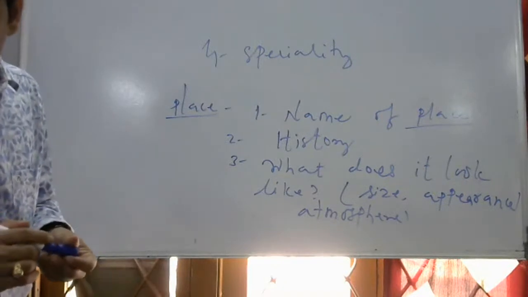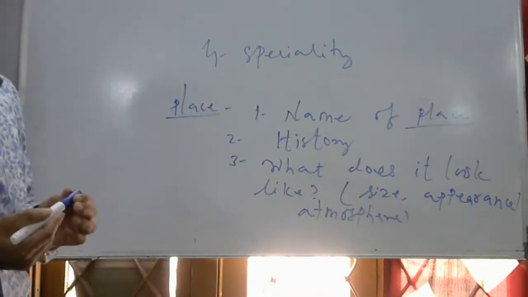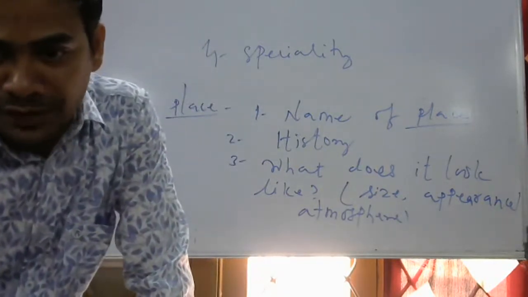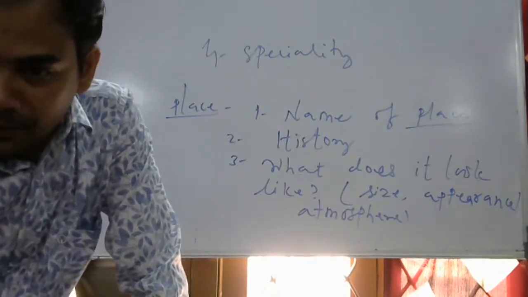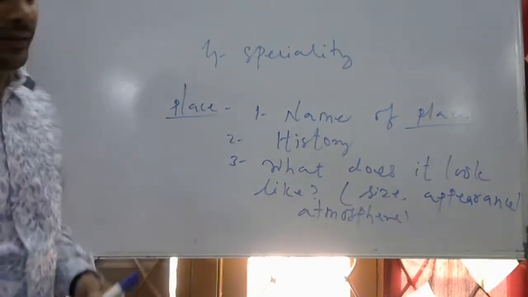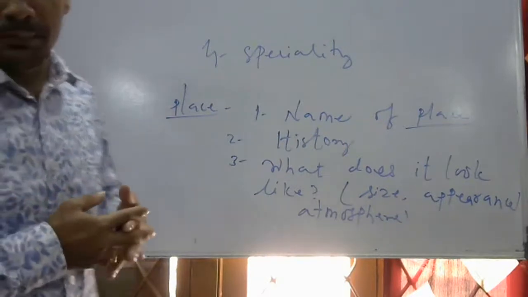And number 6, the last ones, two more points. You can think of what you like over there. And the final one, how you are going to recommend other people to visit it.